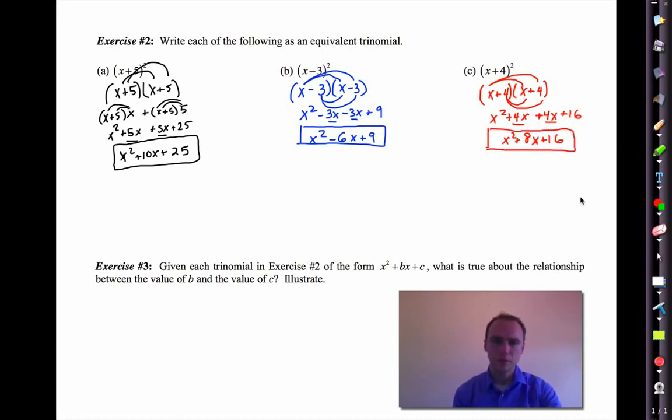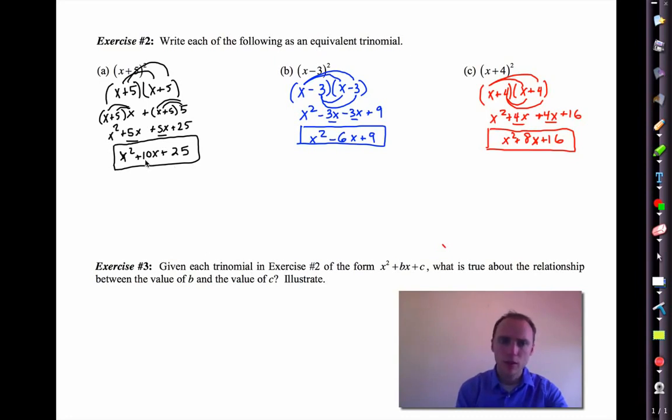All right. Now, exercise 3 says, given each trinomial in exercise 2 of the form x squared plus bx plus c. So each one of these is x squared plus bx plus c. This one's minus bx plus c. But given each one of these, what is true about the relationship between b and c?